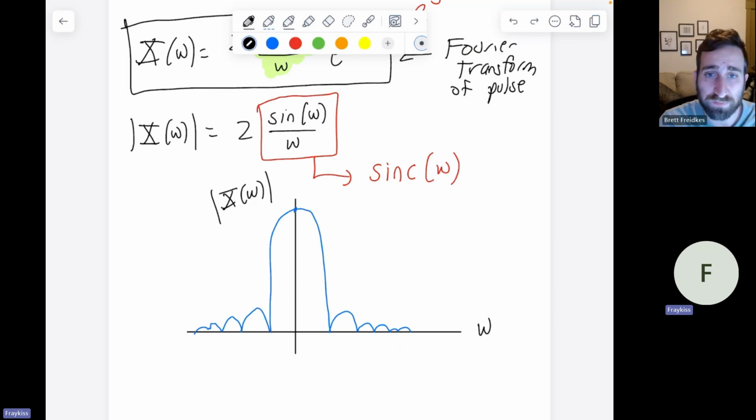I just want you to be familiar with that concept, or if you see this graph, which has all these lobes, these little mountains that are spreading out, that is related to the sinc function. I'm hoping this semester we'll be able to talk about why this would be important. In future semesters, I will. But this is what the Fourier transform magnitude looks like for a pulse.